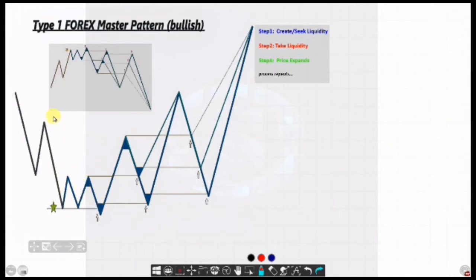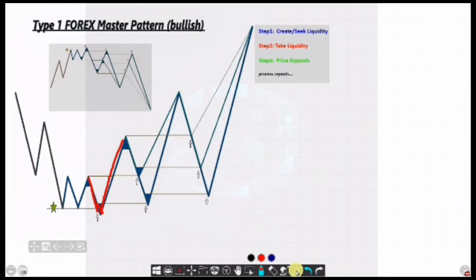Okay, and so after creating liquidity, the next thing for them is to do what? They take liquidity, and that is when you see the manipulation of price deep into the level where they have that liquidity that they need. So below that point is where you have them taking the liquidity, and then after taking liquidity, step 3 just naturally occurs, which is price will expand in the direction that is beneficial to the big players.